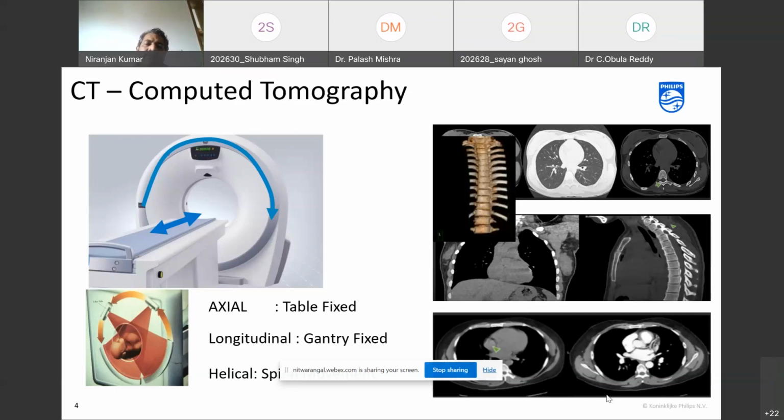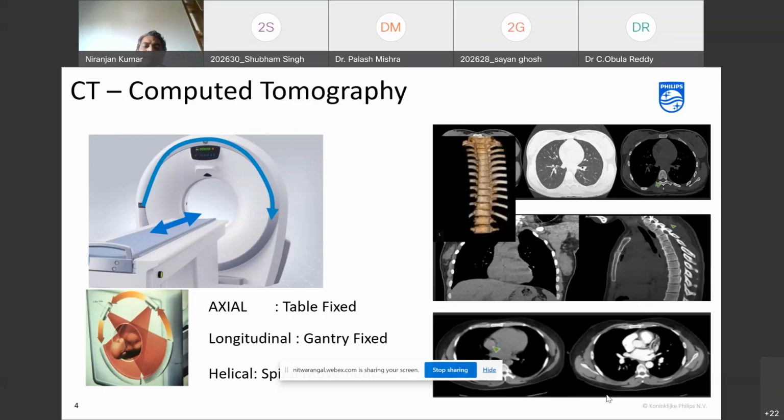Okay. Tomography is a technique where we try to image the inside. Suppose you take an orange and slice it, you get the structure, and then if you stitch the slices together, you know how the inside structure of the orange is.